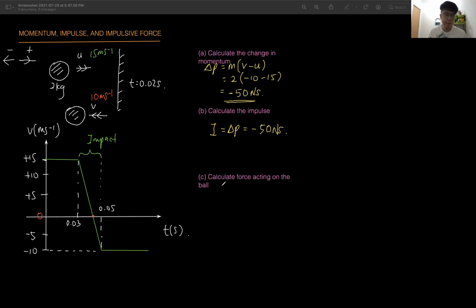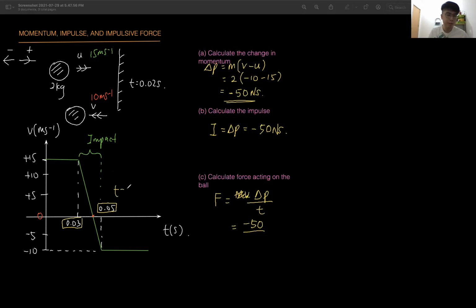C, calculate the force acting on the ball. Force equals change in momentum divided by the time. So we have negative 50 over time. We get it from the graph, 0.05 minus 0.03.